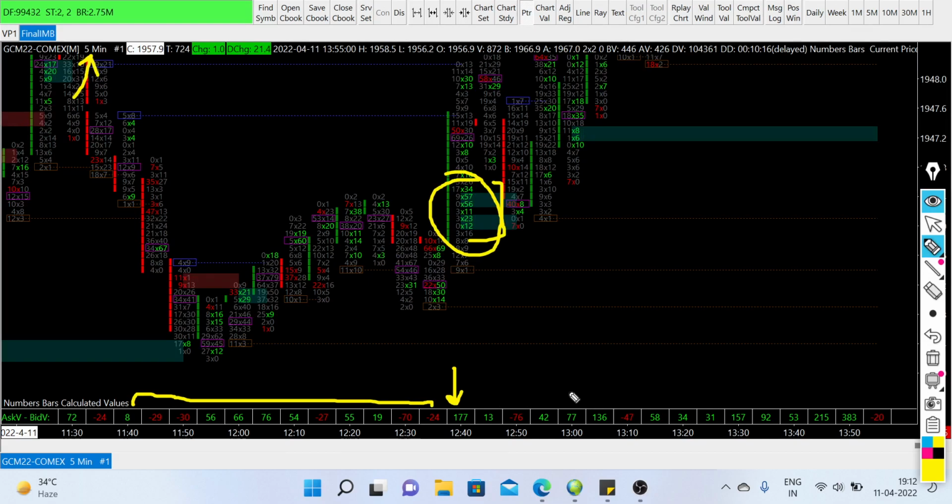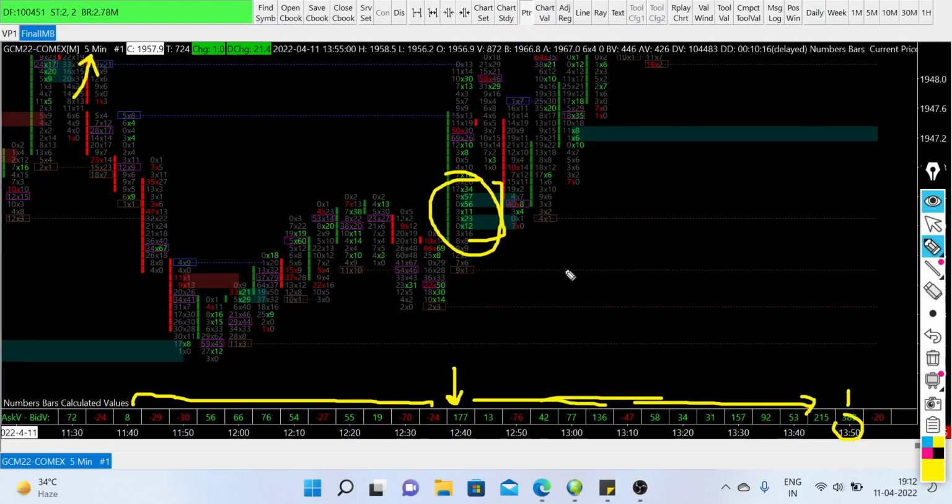As you can see, after moving forward we do not have much large negative delta, but you can see that buying delta is increasing from this point to this point over this time frame. So we can hold that particular buy entry.